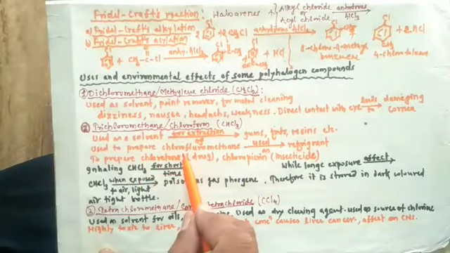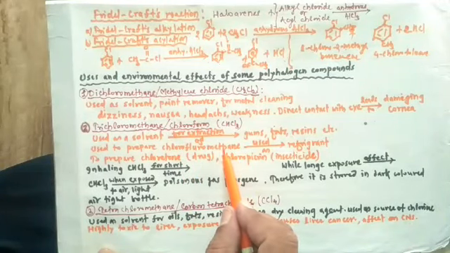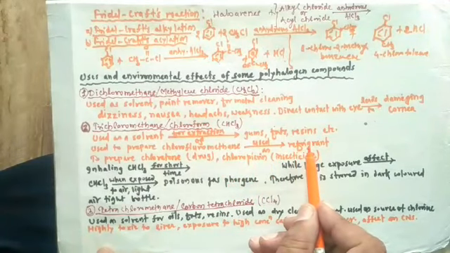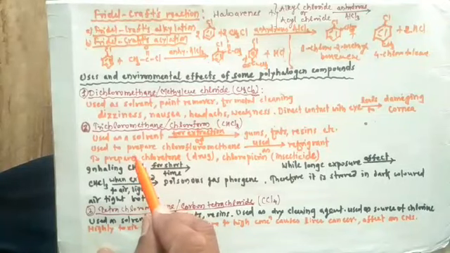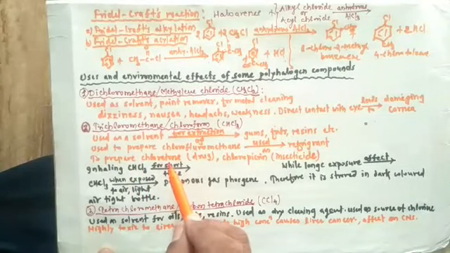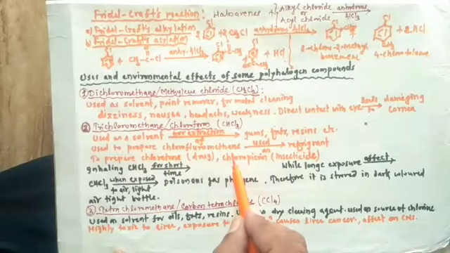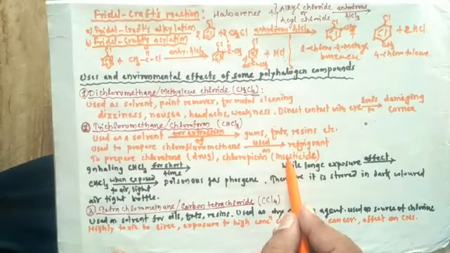It is used to prepare chlorofluoromethane, which can be used as a refrigerant. It is also used to prepare drugs like chloridone, and chloropicrin, which is an insecticide.